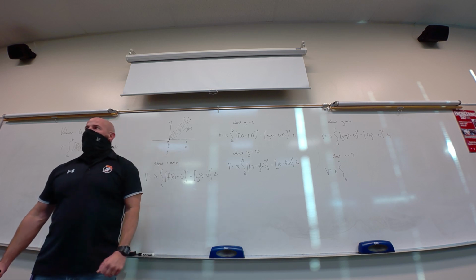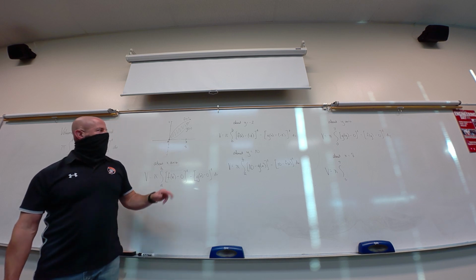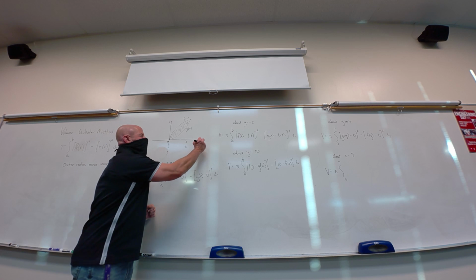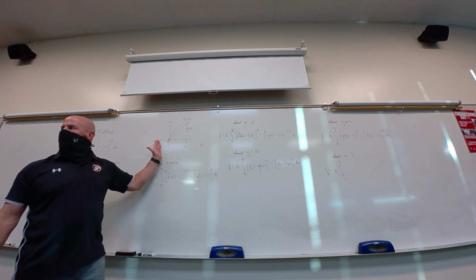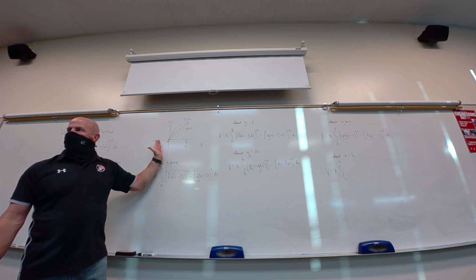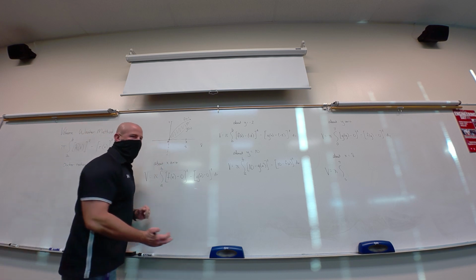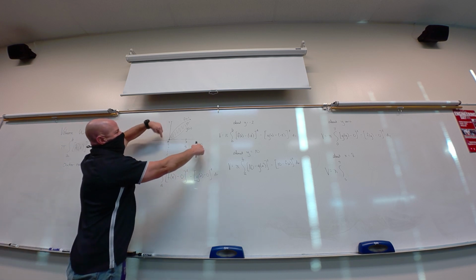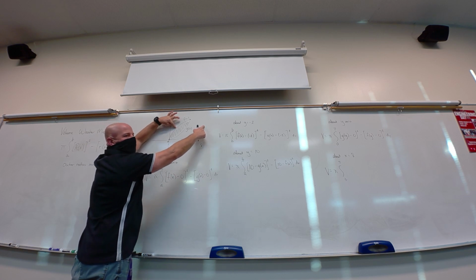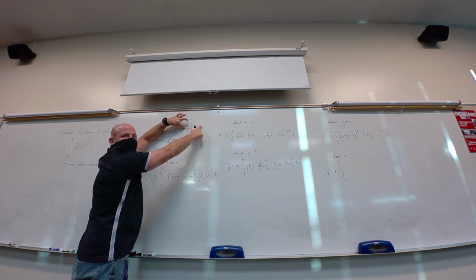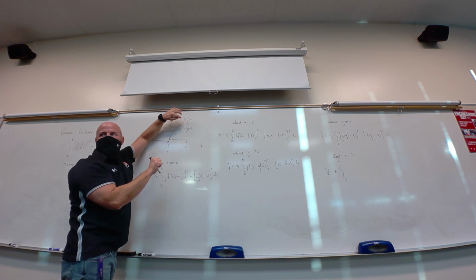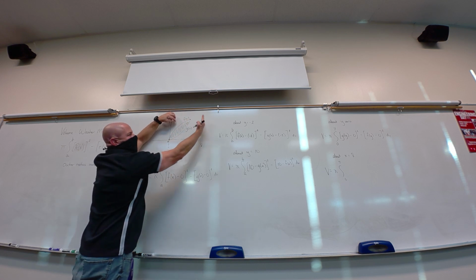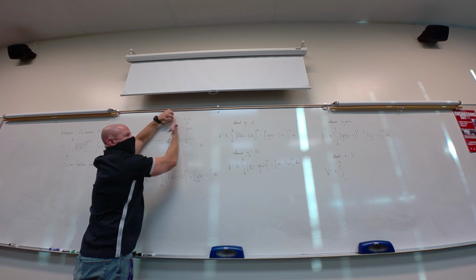The outer radius, 8's over here, would be from 8 to f. Again, right minus left. 8 to f is the outer. 8 to g is the inner. Okay with that? So again, from 8, right side minus left side.